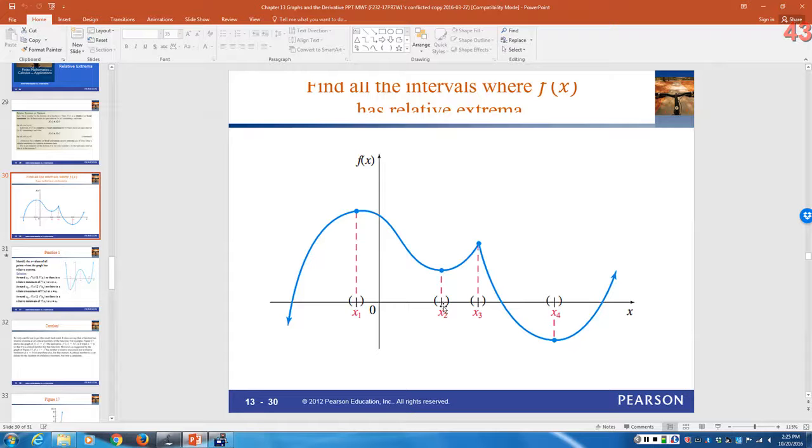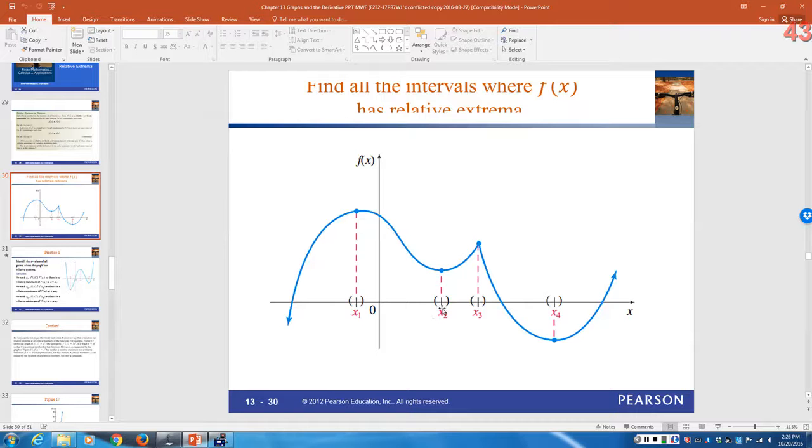Since we don't actually know what that is, we'll just call it x sub 1, okay? On the interval from negative infinity to x sub 3, which is right here, do we also now have a relative minimum? Yes. In fact, we could say we have a relative minimum between x sub 1 and x sub 3, and it's at x sub 2.